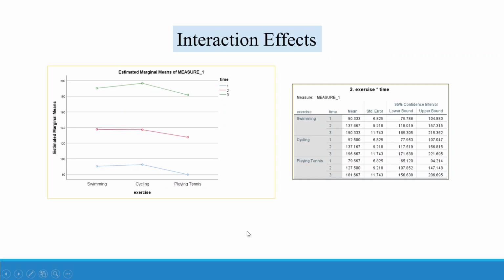The interaction effects: swimming, cycling, playing tennis, and the colors indicate the time interval. So blue is T1, red is T2, green is T3. So swimming at time T1, swimming at time T2, swimming at time T3. Their mean: cycling at T1, T2, and T3, playing tennis T1, T2, and T3.